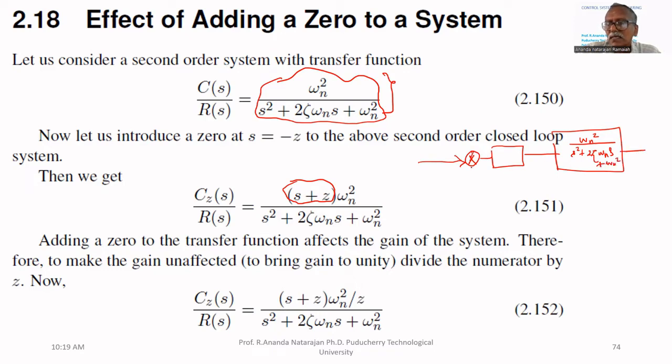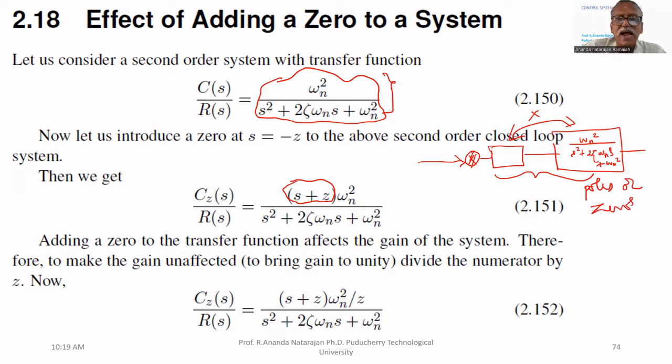If I cascade like this, in a block diagram reduction, we will multiply these two. By doing this, we can alter either poles or zeros.